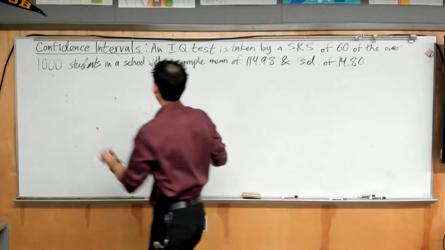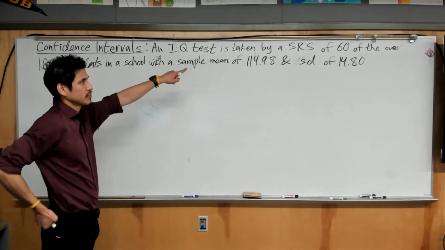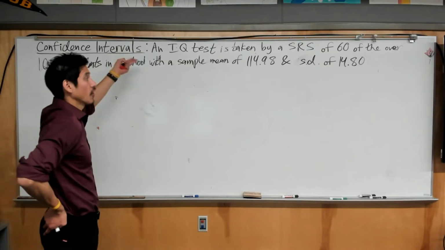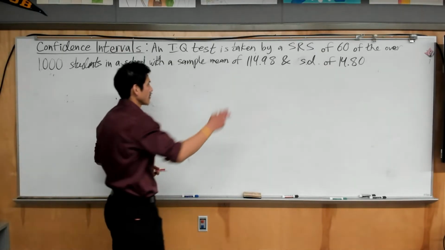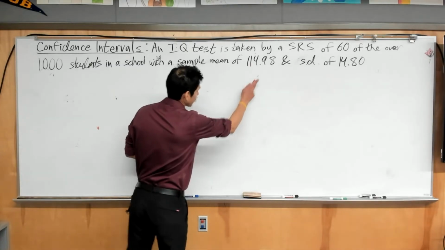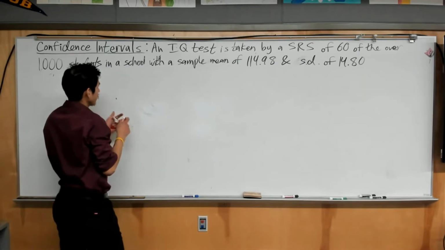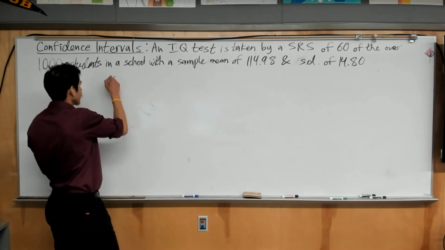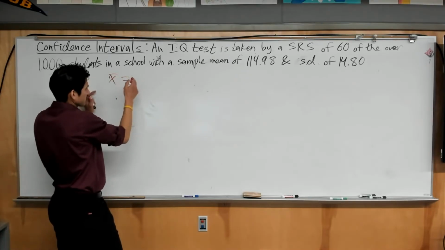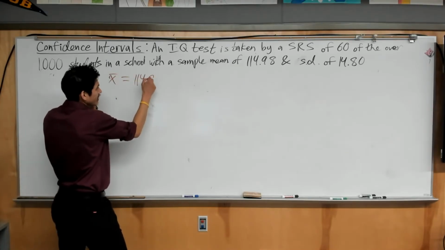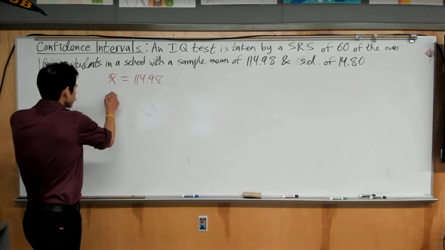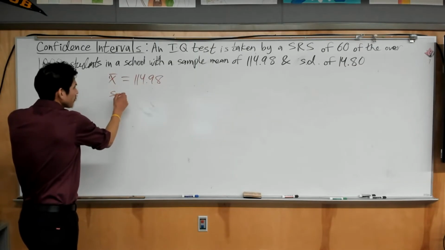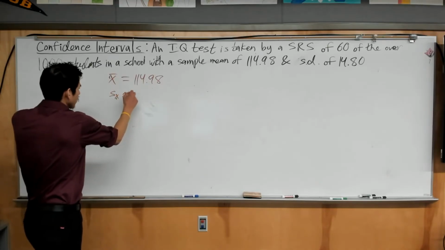Here we have an IQ test taken by simple random samples of 60 of the over 1,000 students at a school, and then we get a sample mean of 114.98. The sample mean is x bar, which is what we use for the sample mean, 114.98, and the standard deviation of the sample is s sub x, about 14.8.